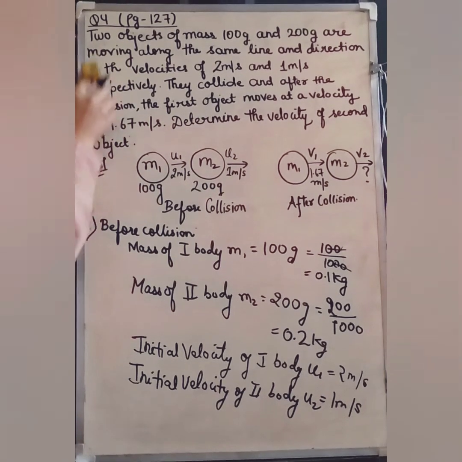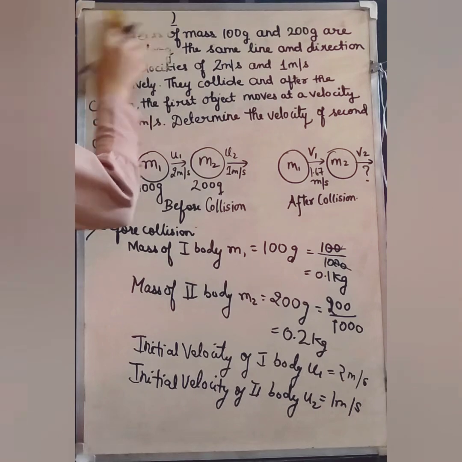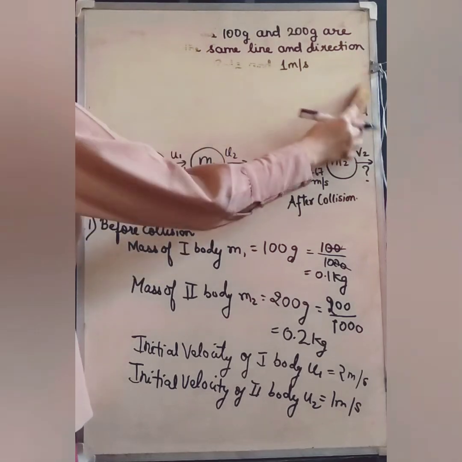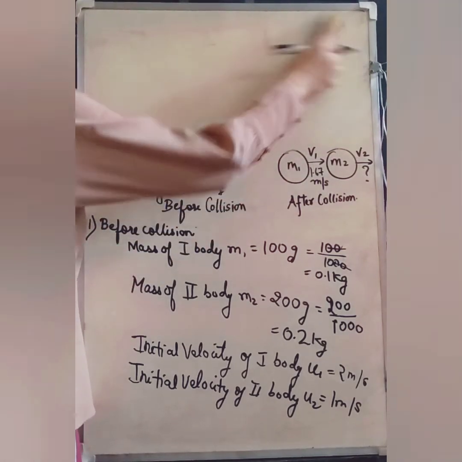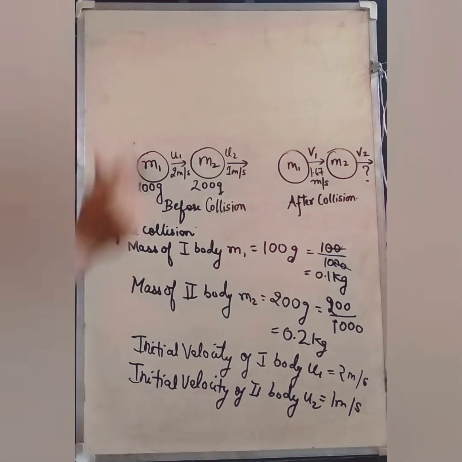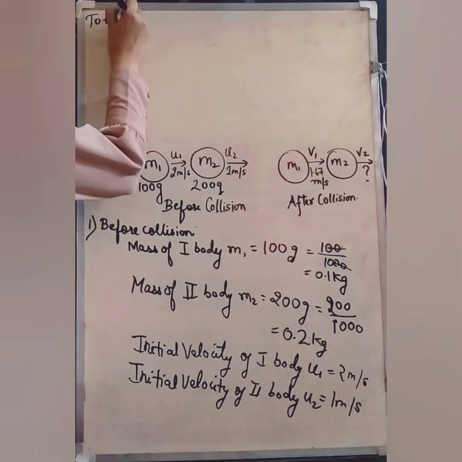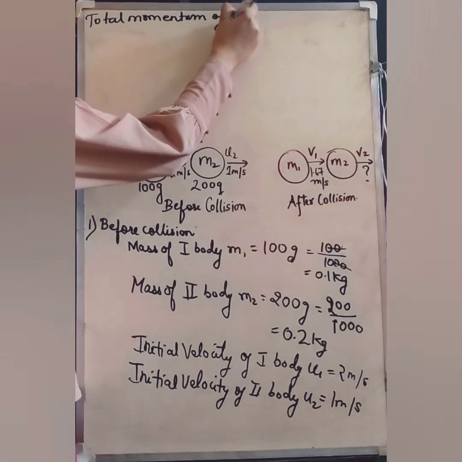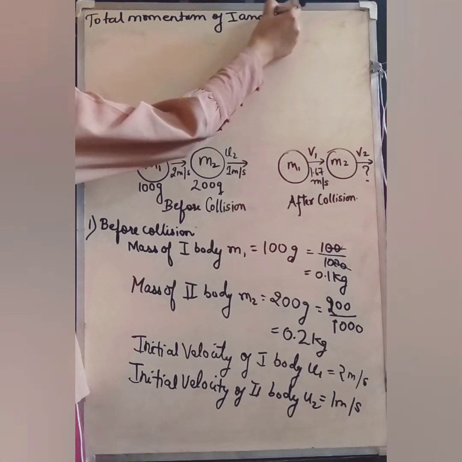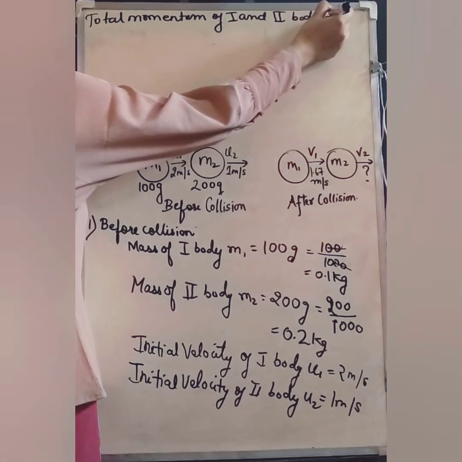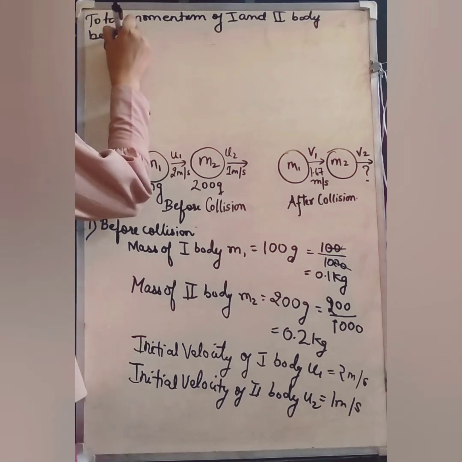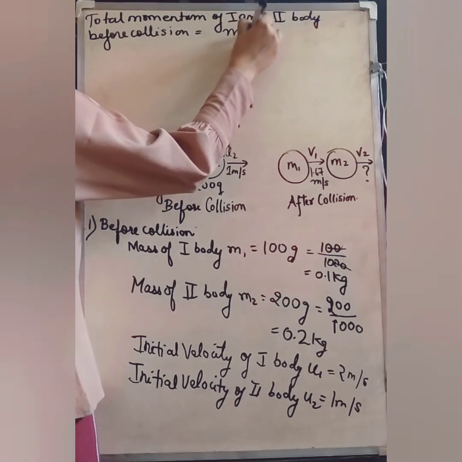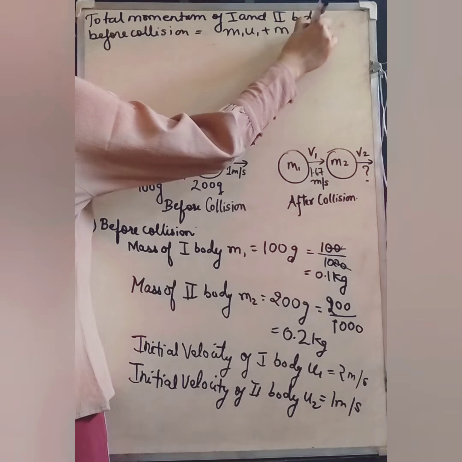So now I am writing the question. I hope you have written this question in your fair notebooks. Total momentum of first and second body before collision is equal to m1 u1 plus m2 u2.